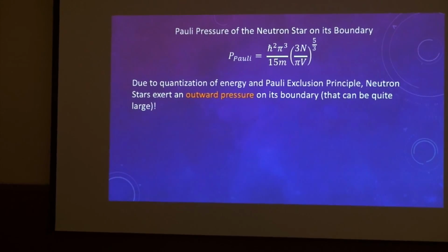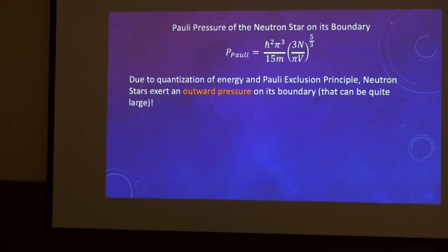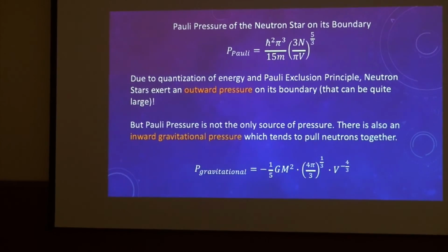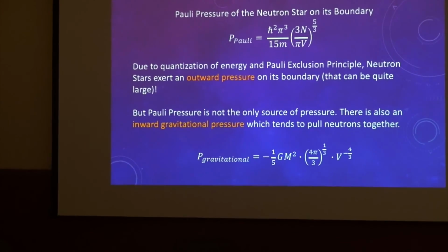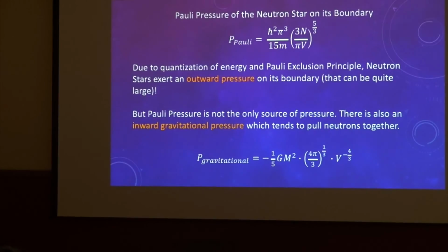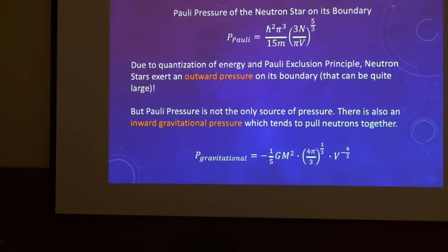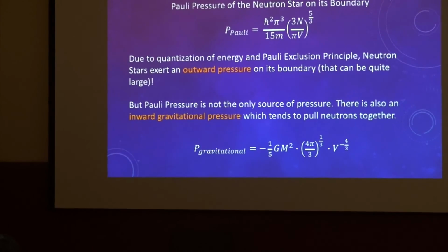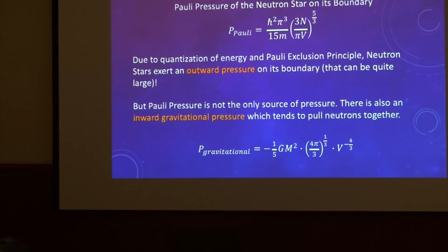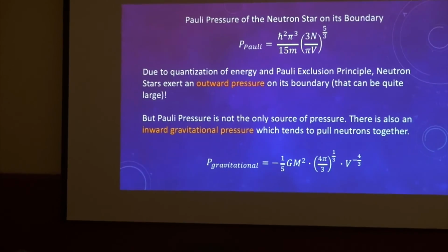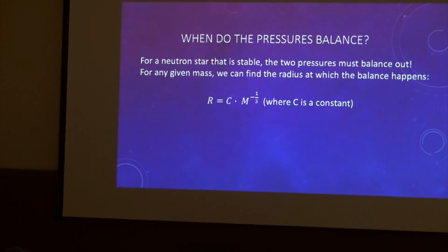It's exerting a pressure outward from the center of the star. Now that we have the equation for the Pauli pressure with V being our variable, we can use our equation for the gravitational pressure that's exerted, and set them equal to each other.